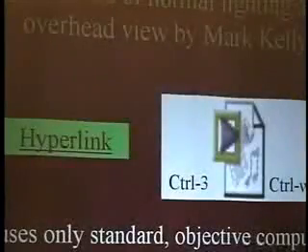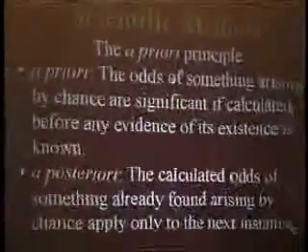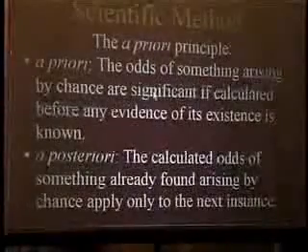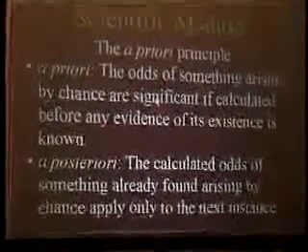Moreover, they are fulfilled in a most interesting way because there is no background of similar features from which we can pick and choose the ones that fit our preconception of a face. So, when all is said and done, this a priori principle that I mentioned allows us to calculate the odds.